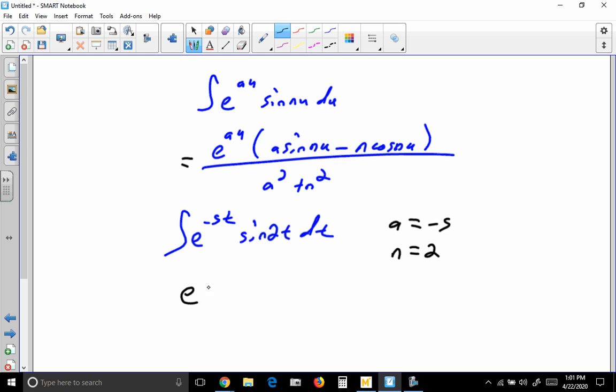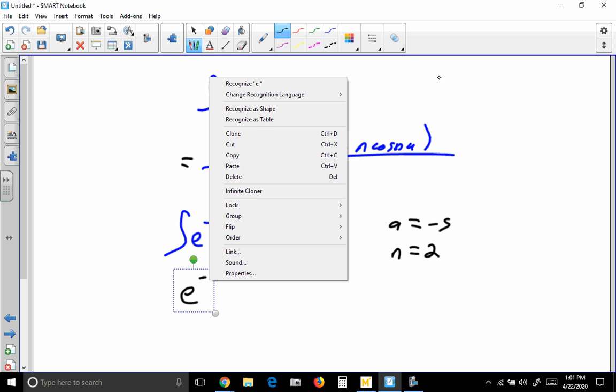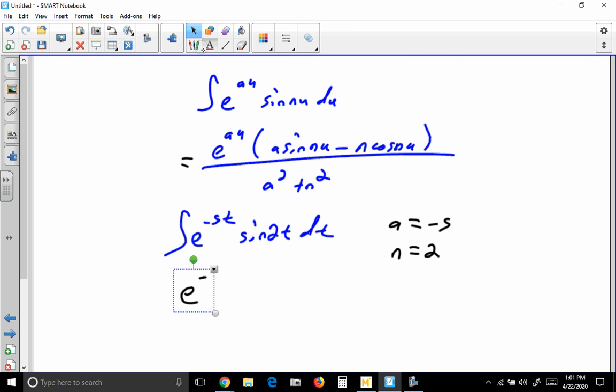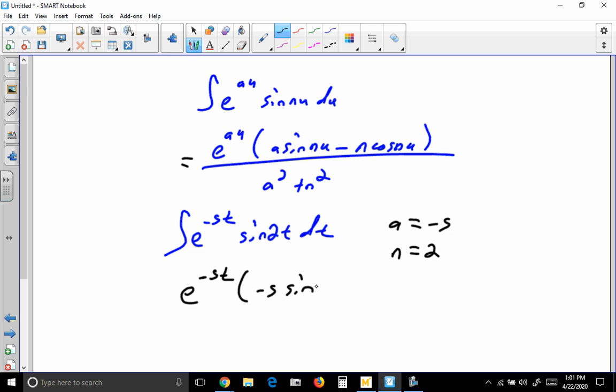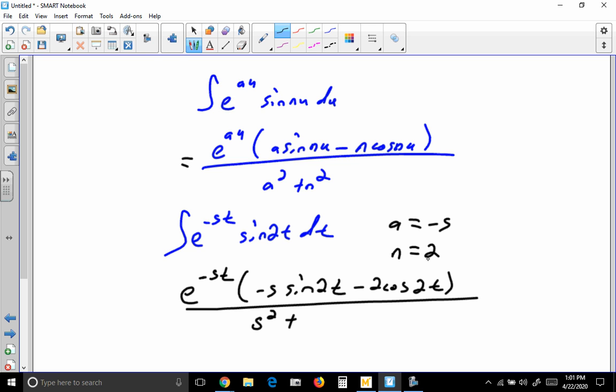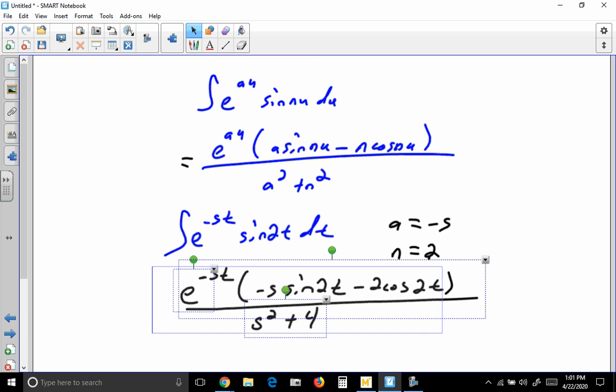We get e to the at times a sine nt minus n cosine nt, over a squared. So if we square a, negative s times negative s is s squared, plus n squared. So 2 squared is 4. So that's what we get when we integrate that.